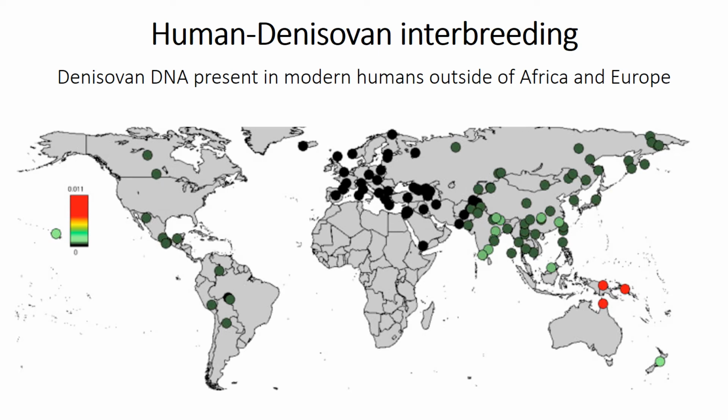Some modern populations, especially in New Guinea and the Solomon Islands area, have particularly high contributions of Denisovan DNA relative to other humans. So again, even though Denisovans are also now extinct, Homo sapiens would have brought that DNA as humans expanded into East Asia, Oceania, and ultimately North and South America.